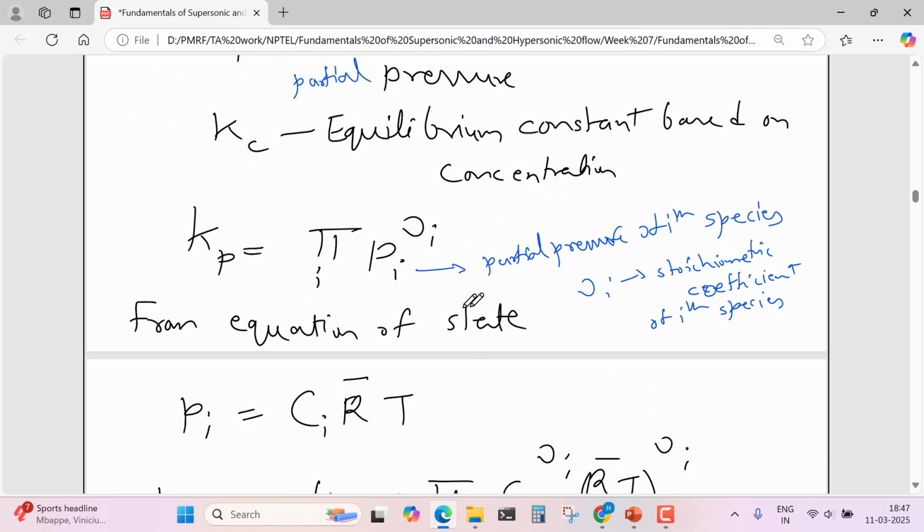Now we will use the equation of state. The equation of state in terms of concentration is given by Pi equal to Ci R bar T.